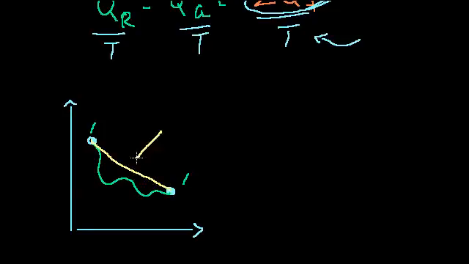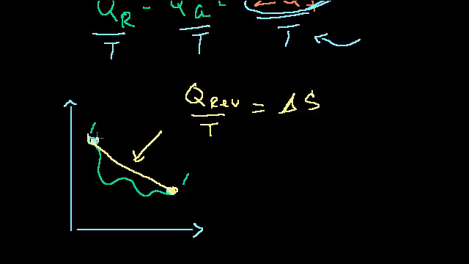And this heat added by the reversible system divided by the temperature for the reversible system would be the change in entropy. We could call this S final, and this is S initial. It's going to be the same for both systems. It's just we don't use the irreversible system to figure out our entropy. We would use the reversible heat and temperature to figure out the actual change.